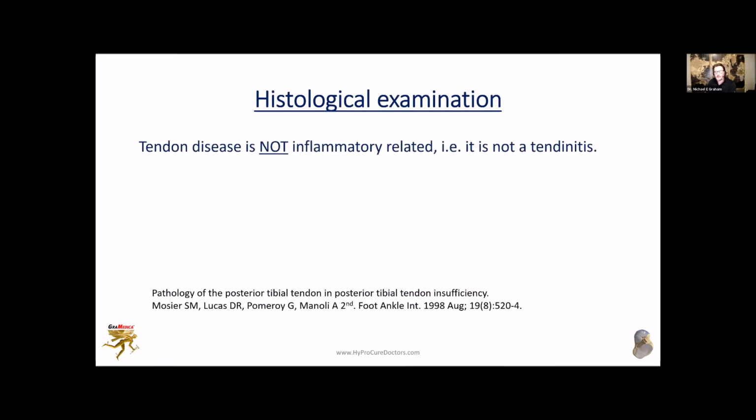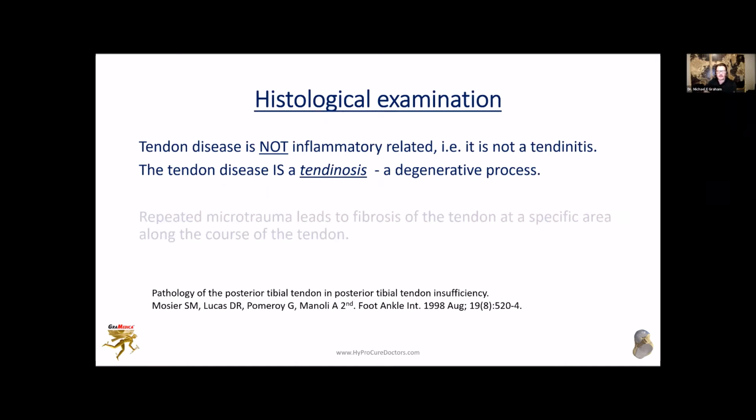Now, when it comes to posterior tibial tendinopathy, when surgeons go in and cut out that diseased portion of the tendon and send it off for pathological analysis, what we find is that there is actually not a tendinitis. There's not an inflammatory reaction with the tendon. What we actually see is a degenerative process where the tendon is overstretched and very unhealthy. It is diseased, but without the signs of an active inflammatory process.